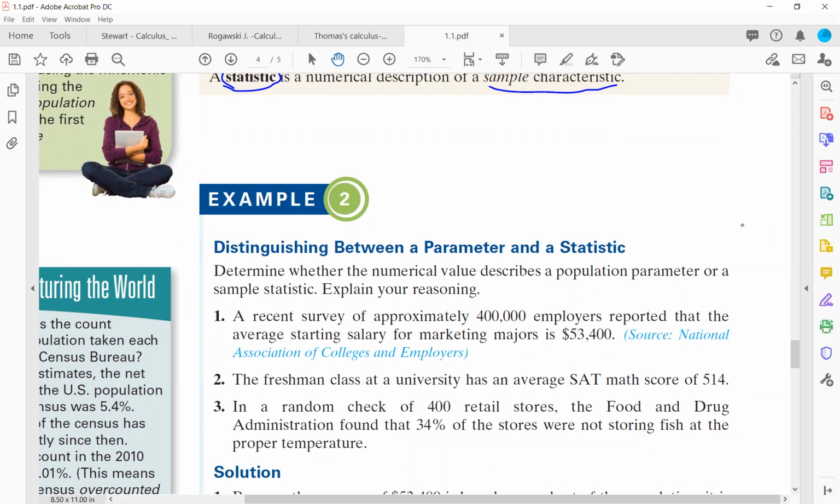The second one says, the freshman class at a university has an average SAT math score of 514, and 3 says, in a random check of 400 retail stores, the Food and Drug Administration found that 34% of stores were not storing fish at the proper temperature. Okay, guys, please pause the video. Think about the solution. Which one is representing a parameter for a population? Which one is representing a statistic for a sample? Then we go over the solution together.